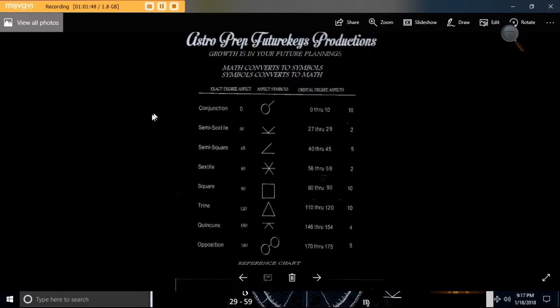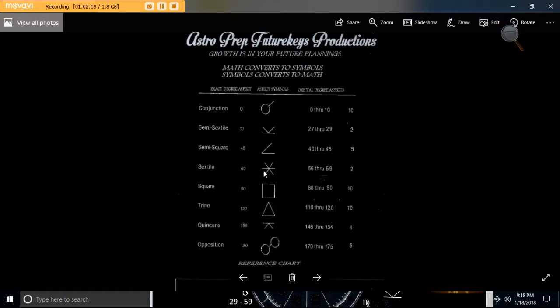And just so that you understand what I'm saying, let's say the sun is in square or sextile to your Venus. Okay? Sun, sextile, Venus. Okay, so that means that sextile is a 60-degree aspect between your sun and your Venus.